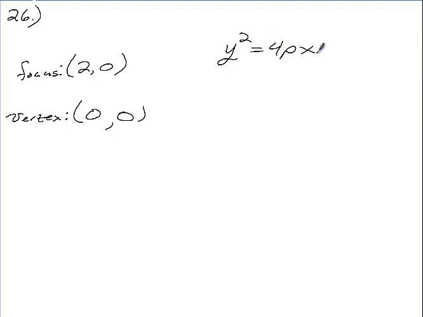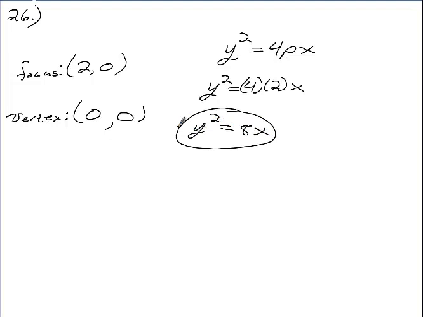All right, so now what's my p-value, though? 2. So y squared equals 4 times 2x. So y squared equals 8x. And you're done. That's all they want. It is. As long as you have your formulas.